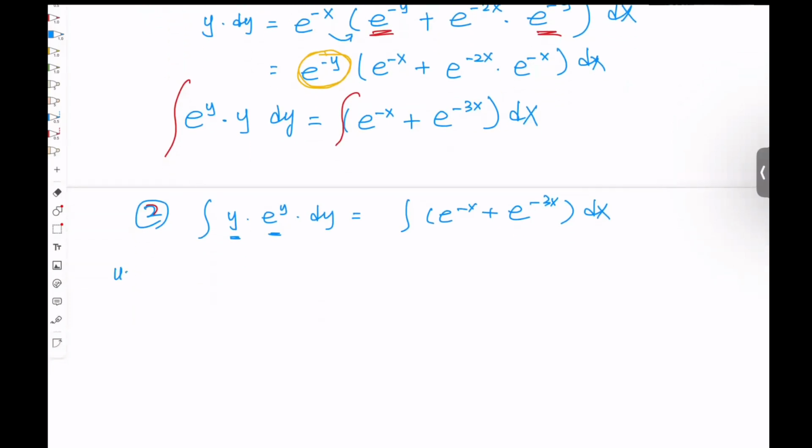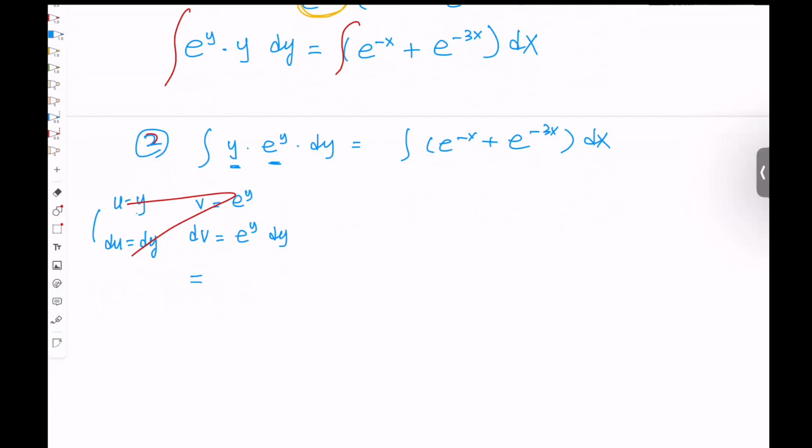I'm going to let u equal y, and dv equal e to the y dy, then v equals e to the y, and du equals dy. Now we multiply: the left hand side is uv, which is y e to the y, minus integral v du, e to the y dy.